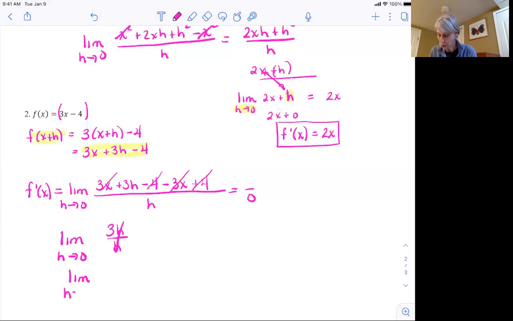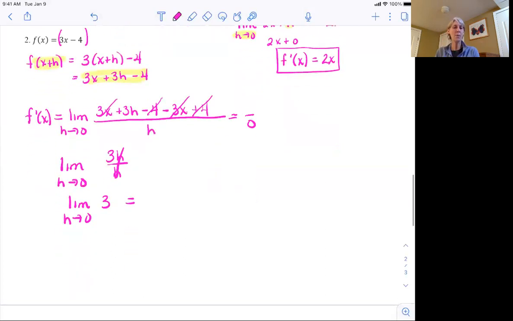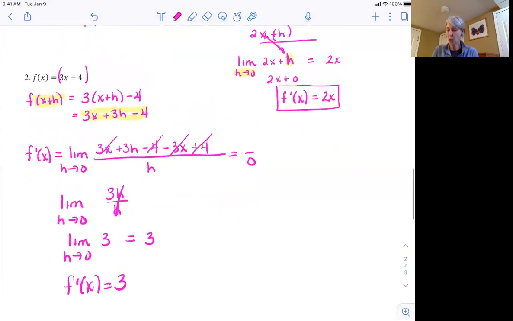So the limit as h approaches 0 of 3, well, I remember the limit of a constant is a constant. So this derivative is just going to be 3, which means f prime of x equals 3. No matter what value you plug in for x, your slope is 3. Again, we talked about this yesterday. This is a line.